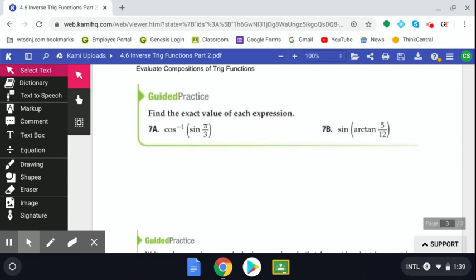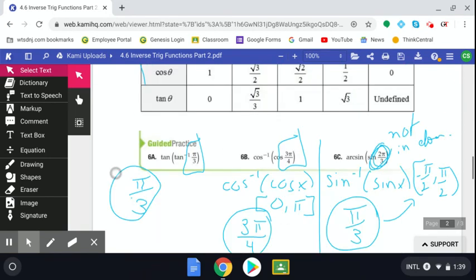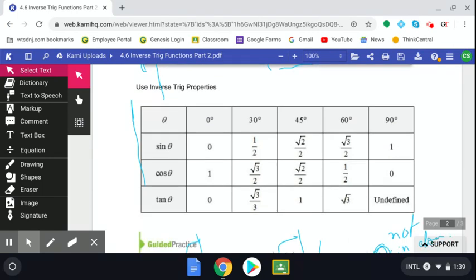Which angle has a cosine value that has a sine value of pi over 3? So I'm going to go up there, pi over 3. So pi over 3 would be 60.